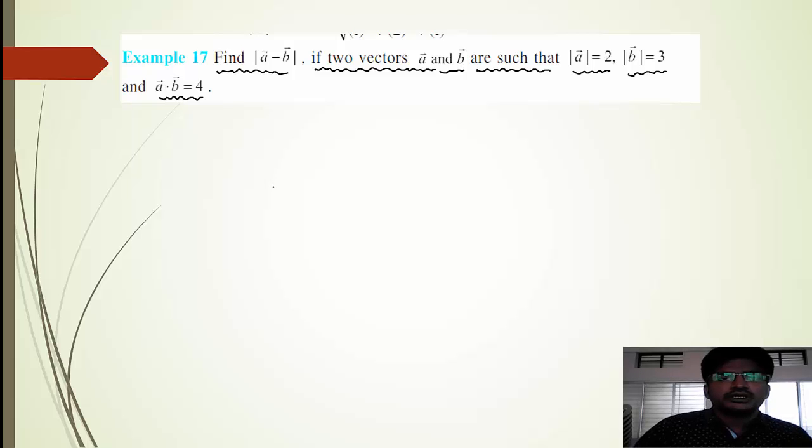Clear? That means they are asking to find the magnitude of vector A minus vector B. Okay. So what is given here?